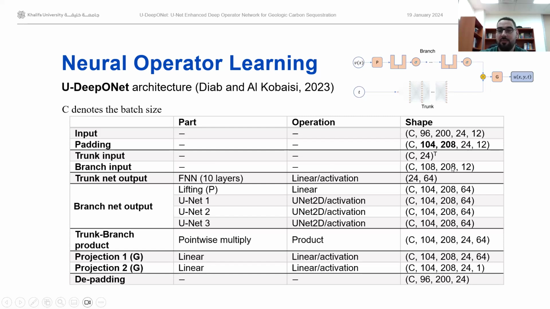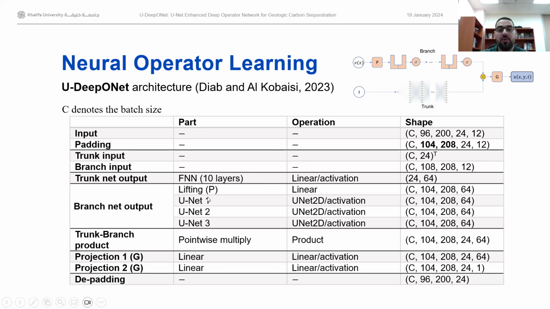Here we separated the time variable from the other input variables. We have 10 layers in the trunk network, and we have an activation function. We can choose any activation function. In our testing, any popular activation function, such as the ReLU or the tanh, works very well.